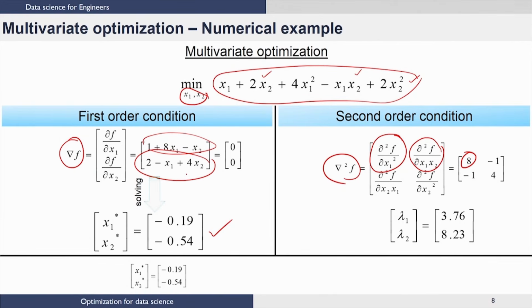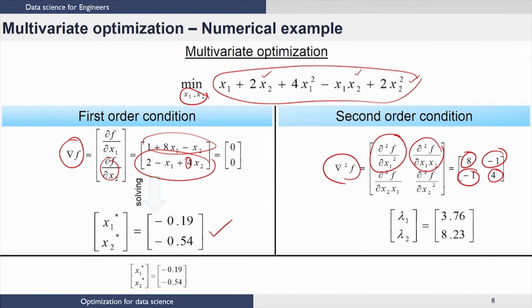So, we have to differentiate this with respect to x1. The only term remaining will be minus 1, which will be here, and I already told you this is a symmetric matrix. So, you can simply fill in the minus 1 here, and to get this term I already have dou f dou x2 here. I differentiate this again with respect to x2. The only thing that will be remaining would be 4, which is here.